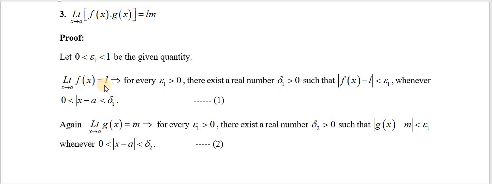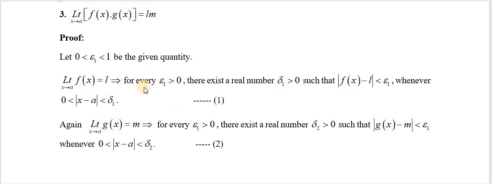Now I am writing this line by using the definition of a limit of a function. In the previous two cases I wrote epsilon only, but in this case I am taking epsilon 1.